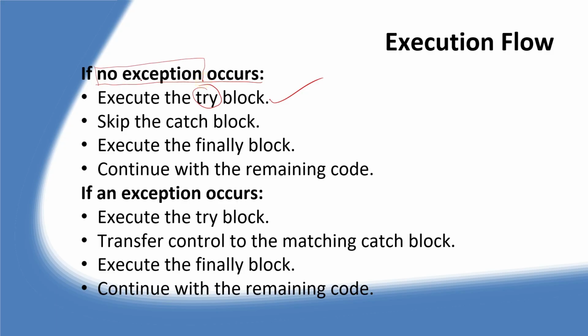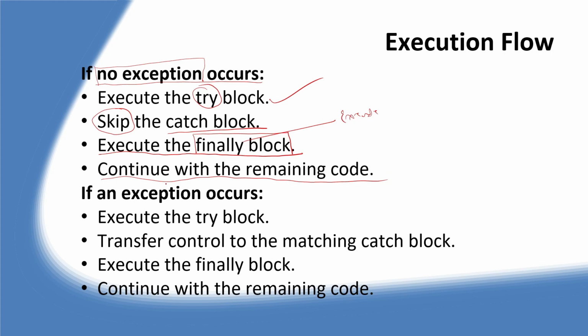Since we are not getting any exception, it will skip the catch block and it will execute the finally block. We have seen the definition: the finally block will always execute, even if we are getting an exception or not getting an exception. Then it continues with the remaining lines of code. We have seen this just now with the examples.